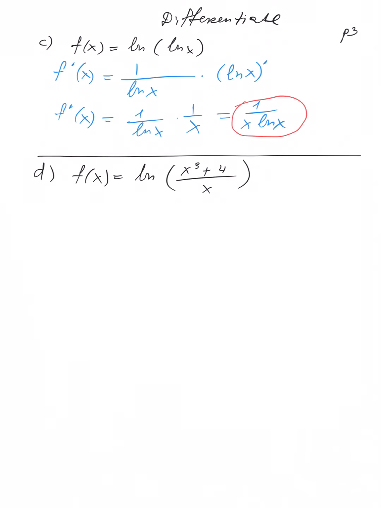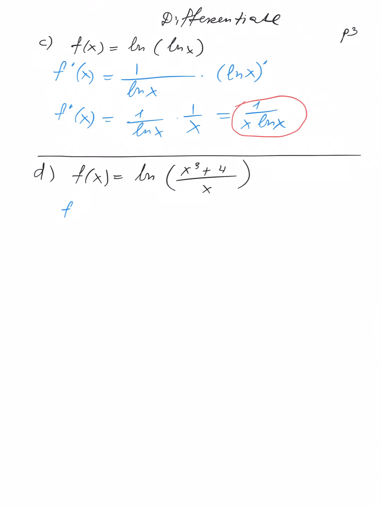Alright, let's take a look at the next example. F of x equals ln of x cubed plus 4 over x. Obviously we have a function embedded inside, and that function happens to be a fractional function. That's okay. We are going to use chain rule.